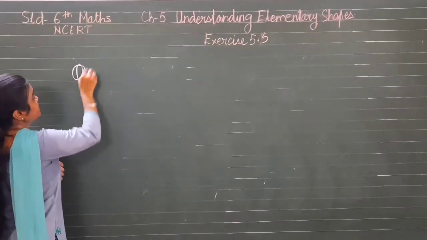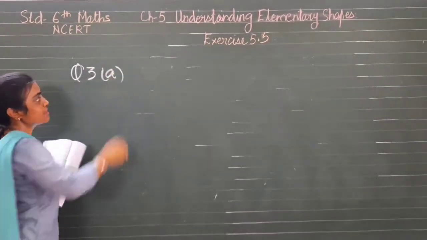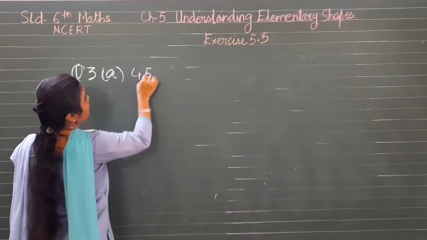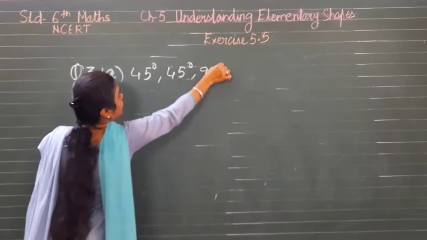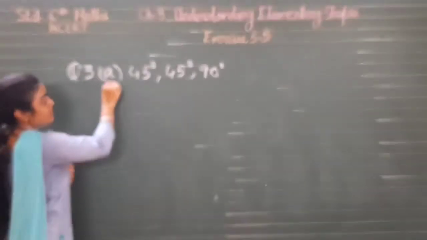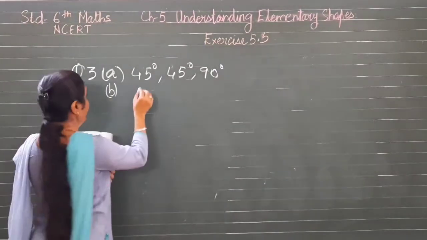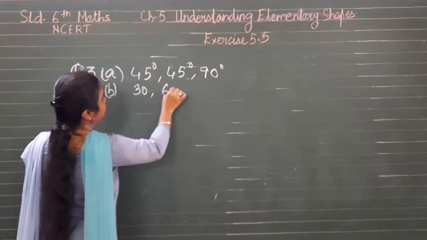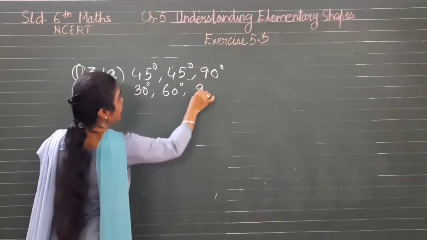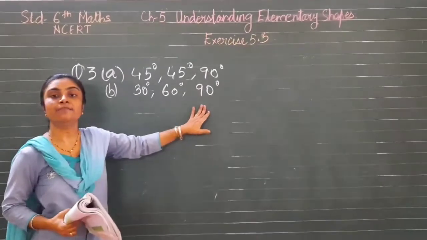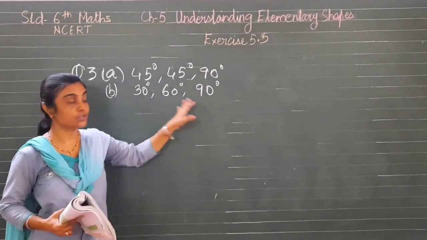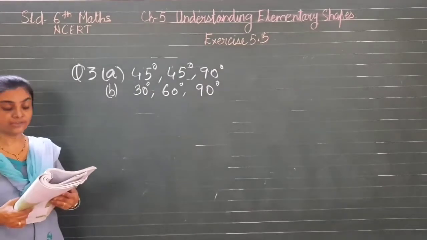The first set square will be of 45 degree, 45 degree and 90 degree. The second set square will be of 30 degree, 60 degree and 90 degree. In both the set squares, 90 degree will be the common angle. So this was about question number 3.